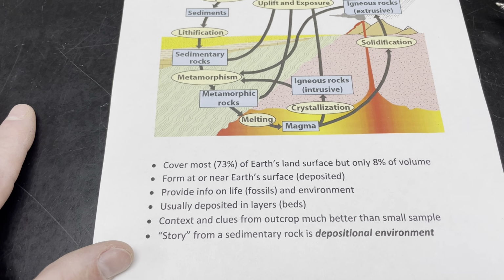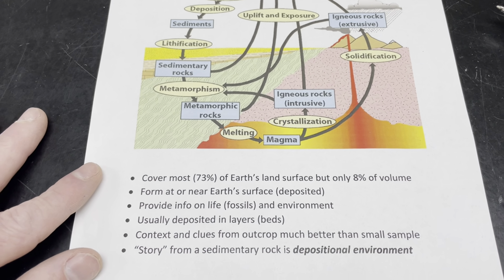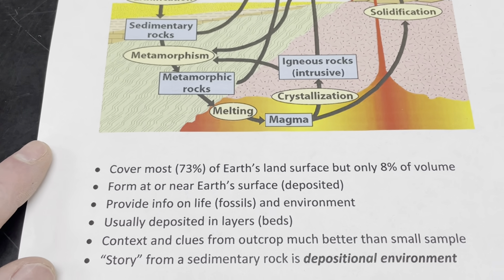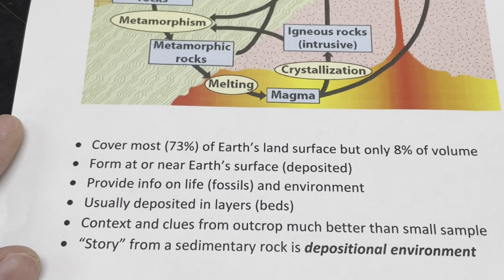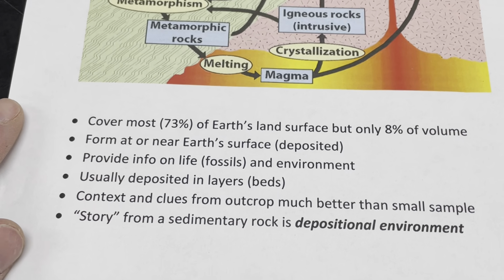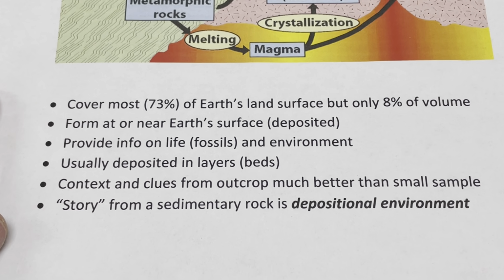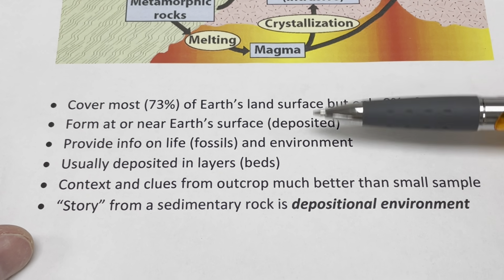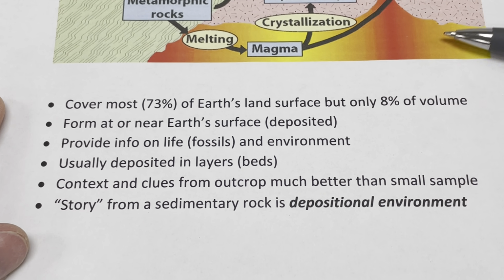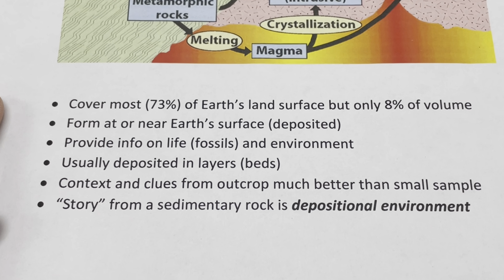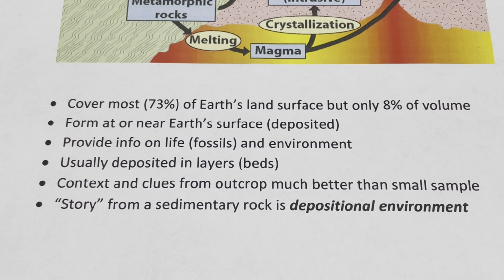That gives you the context of what we're going to look at moving forward. So what else can we say about sedimentary rocks? Well, they're incredibly prolific at the Earth's surface. They cover most of Earth's land surface, about 73%. So chances are, if you're wandering around in your community, there are sediments or sedimentary rocks to be seen nearby.